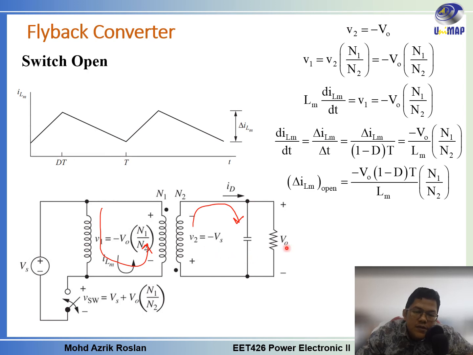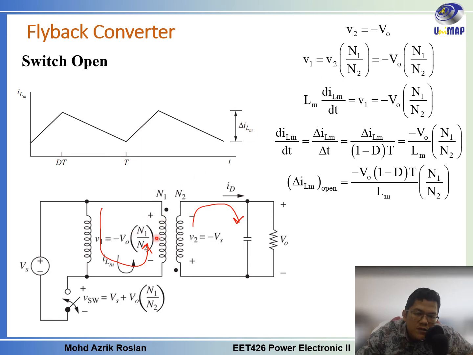Then we have V1, the voltage across the primary winding, which is equal to V2 multiplied by N1 over N2. This is the transformer equation, equal to negative V out multiplied by N1 over N2.